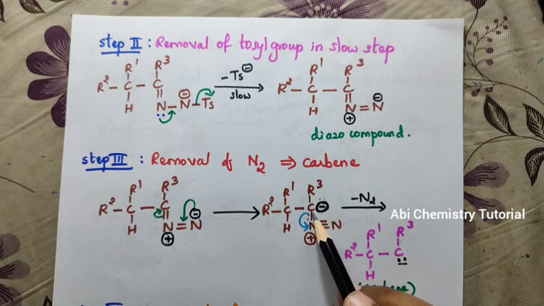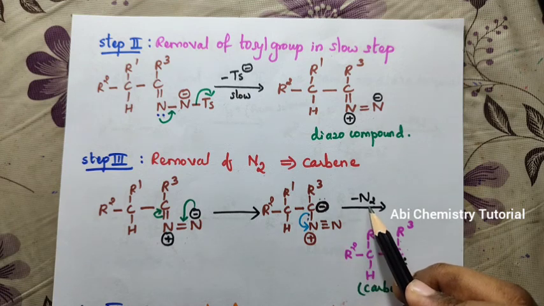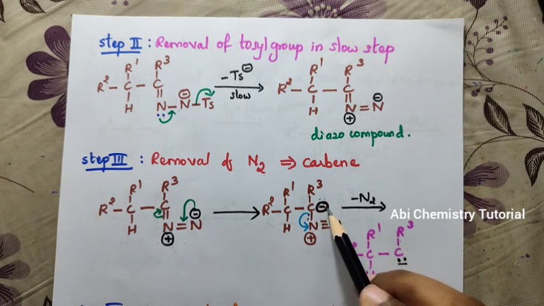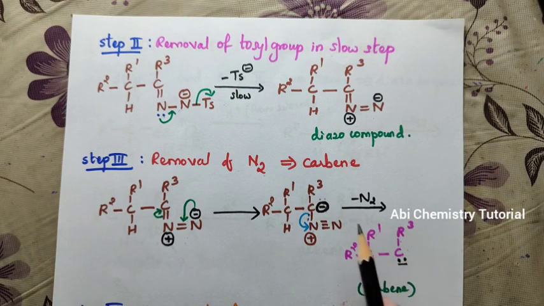And next, this bond will have 2 electrons, and both the 2 electrons, that is the whole bond, is shifted over this nitrogen, so that this nitrogen will get back its lone pair of electrons and the nitrogen molecule is removed. So now this carbon has a negative charge, and this negative charge has 2 electrons, and here you can see the carbon has 2 bonds and it has 2 valence electrons not filled.